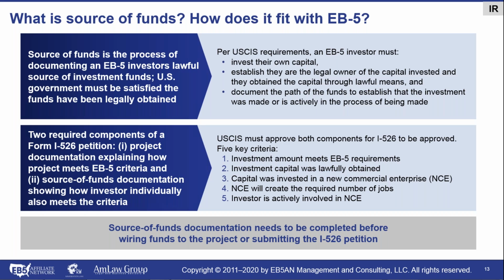The other part is that we have to compile the project documents, and the project has to show that it meets the EB-5 requirements, that there are going to be 10 jobs created per each investor, and that the business plan is realistic, that they're going to be able to obtain all the financing, etc.